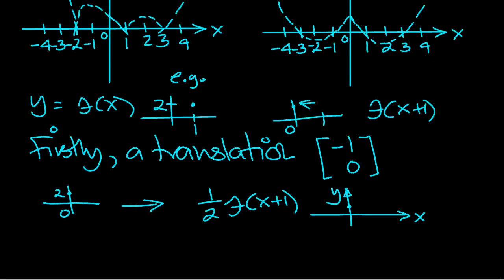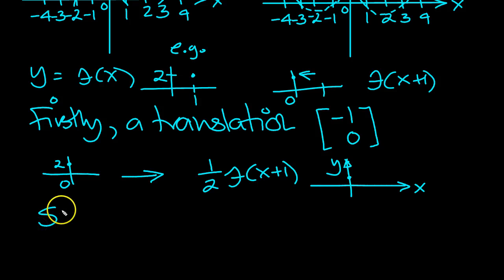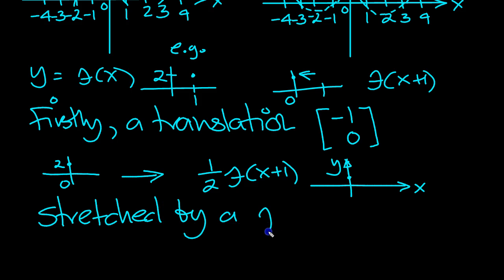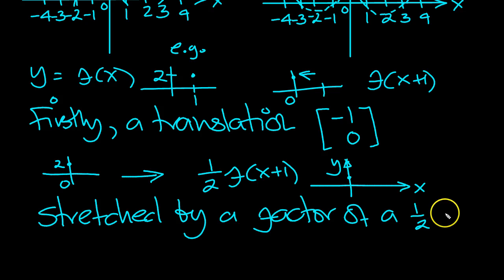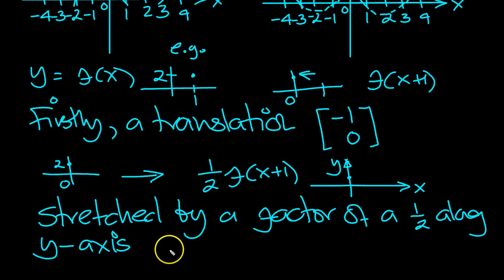So it's stretched by a factor of half. And it's stretched downwards towards this line here, so it's stretched vertically, so along the y-axis. There's a vertical stretching, isn't it, by a factor of half. It's actually shrunk, isn't it?